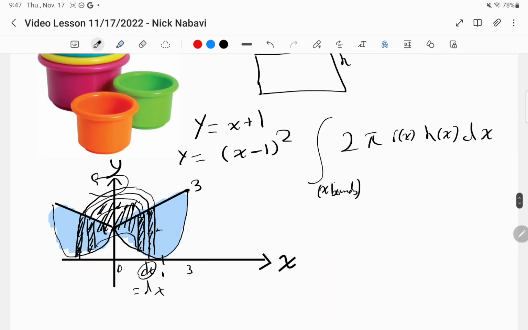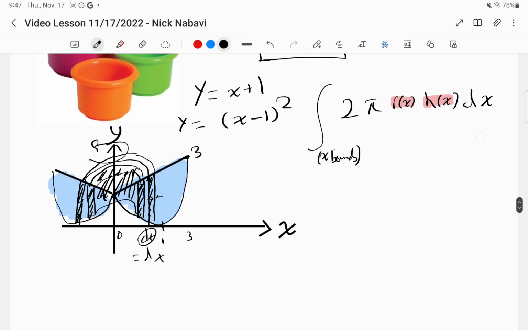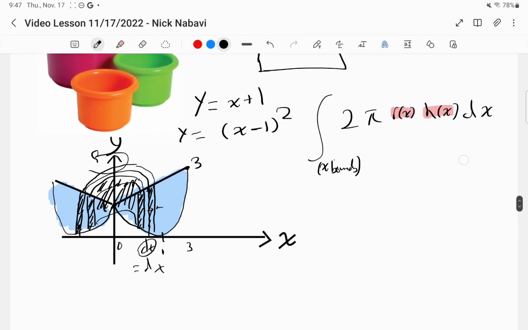So the challenge with these shell method problems is you want to find expressions for r of x and h of x. This is the tough part, so to speak, okay? It's not tough for you guys. You guys are going to do great. Okay, so here's what we need to do. Radius is typically going to be very simple to find, okay?